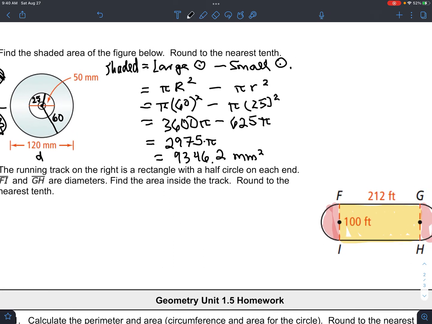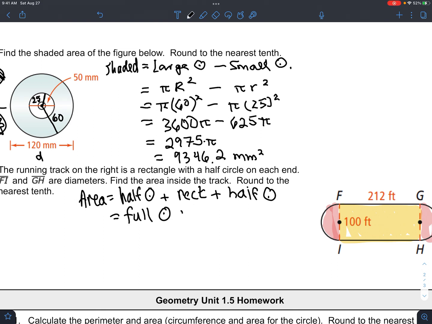So I could say that the area is a half circle plus the rectangle plus the half circle. And we know that those half circles are actually the same. So the area is really a full circle plus the rectangle.